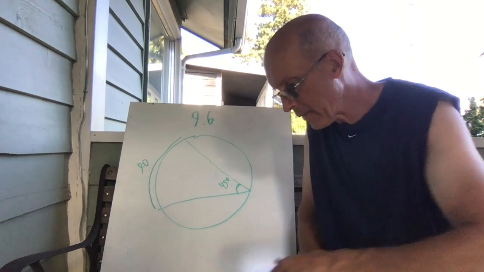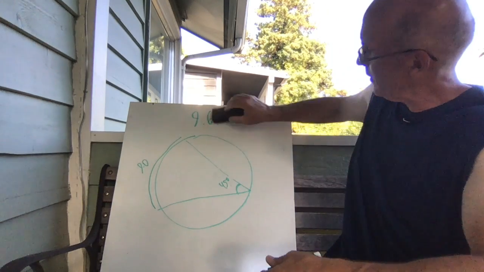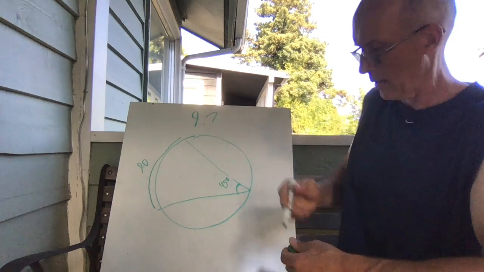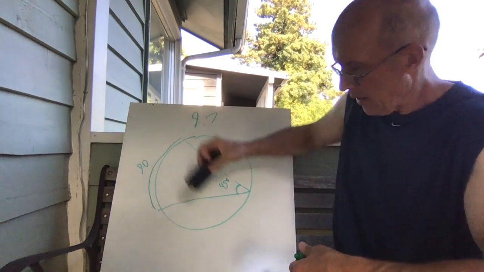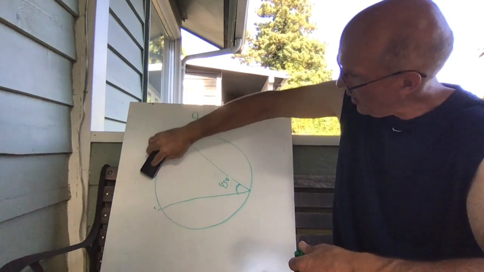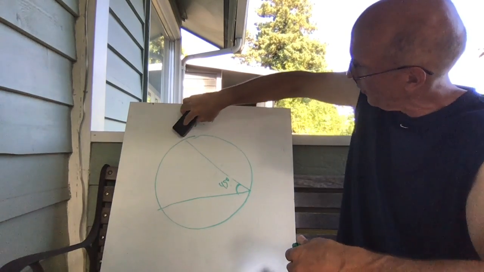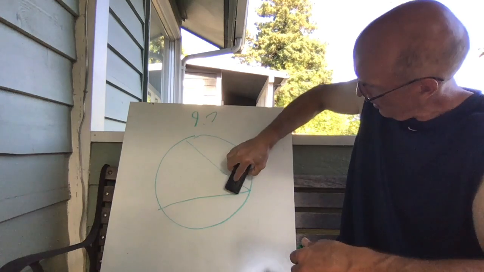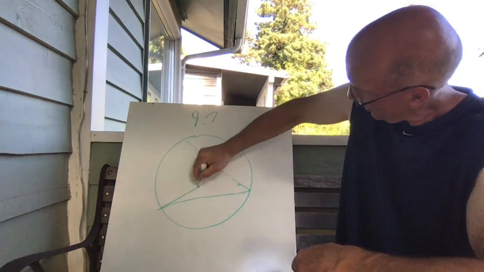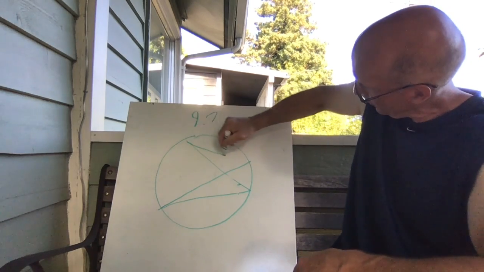All right. Theorem 9.7. Let's say we had the same intercepted arc out here, and we had two angles that intercept that arc.